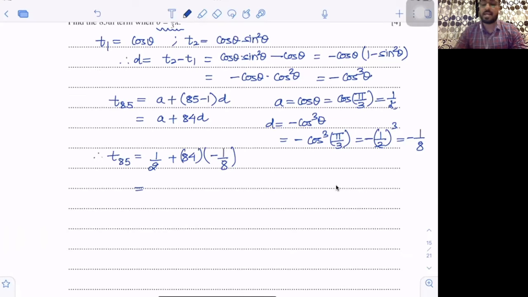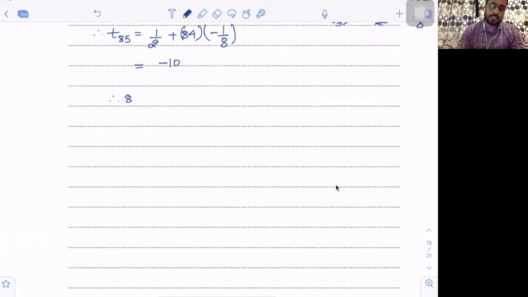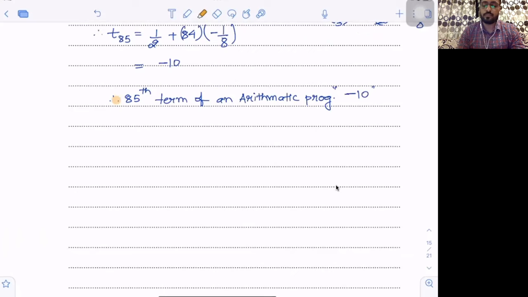That gives me minus 10. You just want to do the simplification, students. Therefore, I can say that the 85th term of the arithmetic progression is minus 10. That's your answer, students.